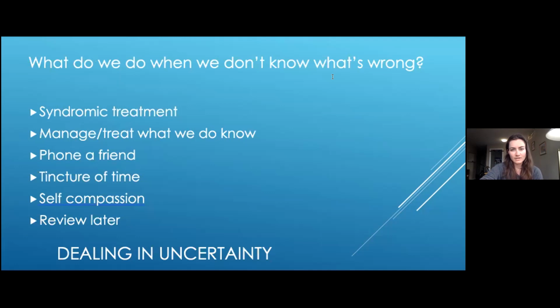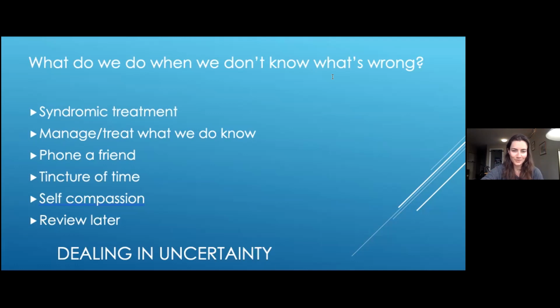And so he really encouraged me to include this slide, particularly when talking to residents, with the idea that as people who have more of those knowledge gaps, we probably spend more time in uncertainty. What he advocates is that if you don't know what's wrong, say somebody is here with shortness of breath and they might have a heart failure exacerbation, a COPD exacerbation, or CAP, what do we do?